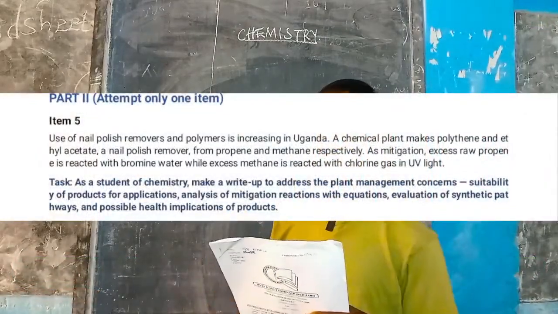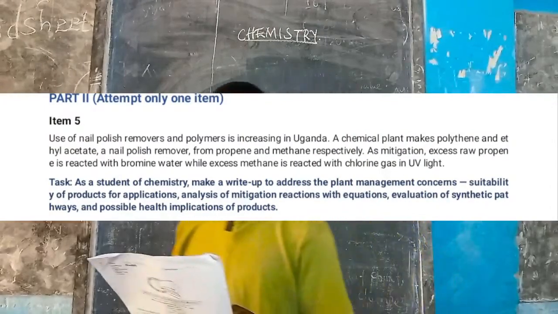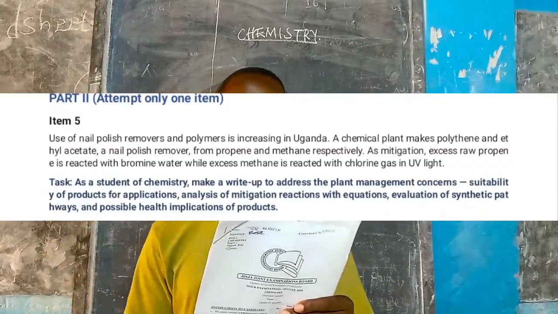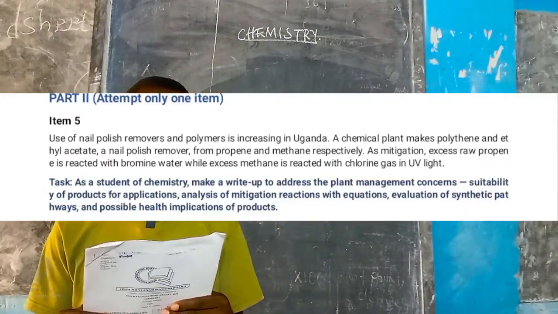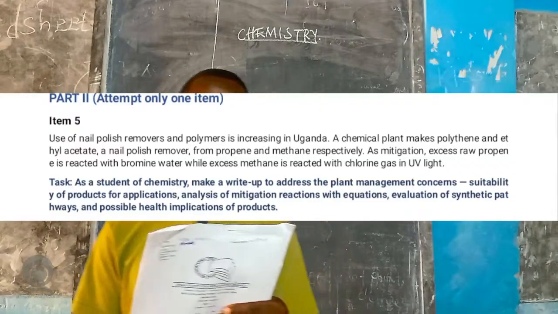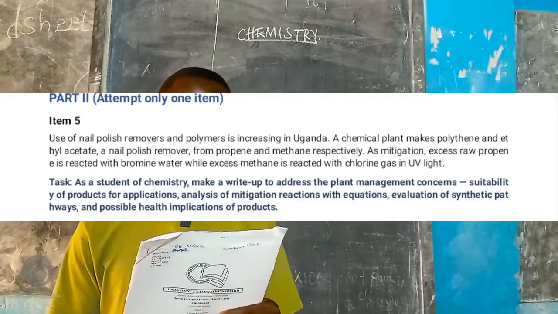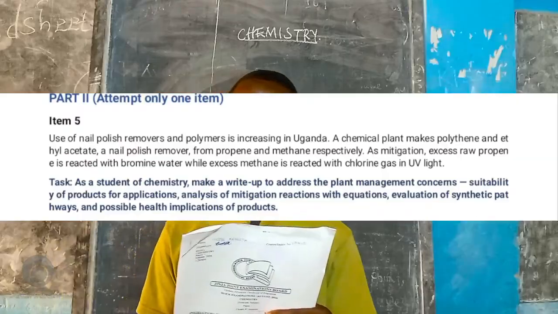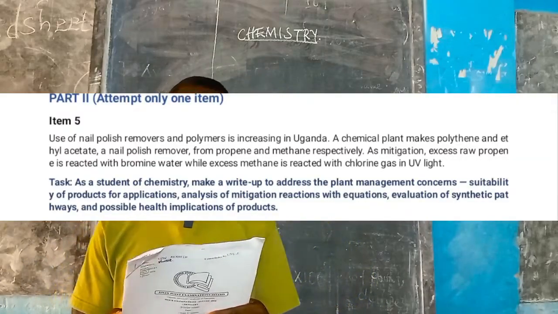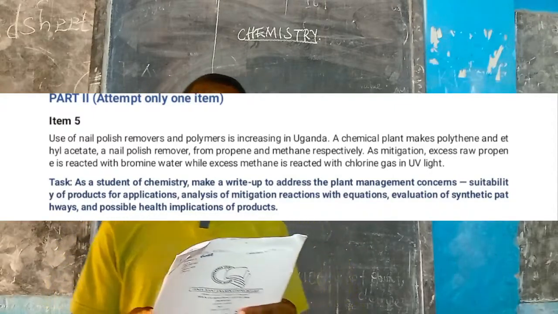As a way of mitigation, excess raw propene is treated with bromine water, while excess methane is reacted with chlorine gas in UV light. The plant management is interested in the stability of its products and their applications, analysis of its mitigation reactions with the equations, and evaluation of its synthetic pathways and the possible implications of its products.